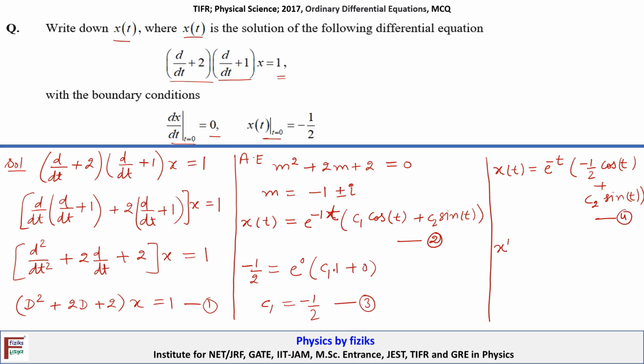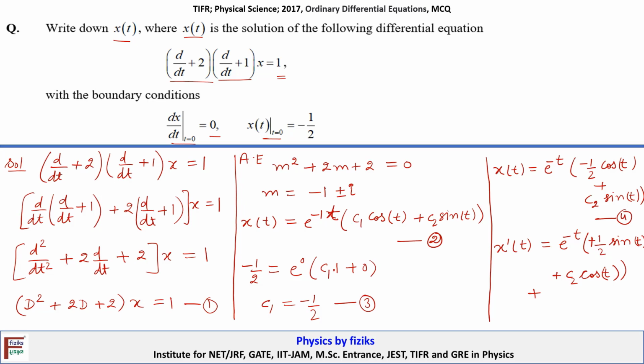can write x'(t) = e to the power -t, taking it the same, and then the derivative of this term is -1/2 into sin t, and of course with the negative sign, this minus sign becomes a plus sign, and then the derivative of the second term is plus c2 cos t, with the e to the power -t taken the same.